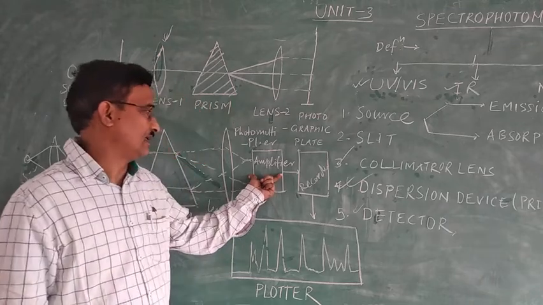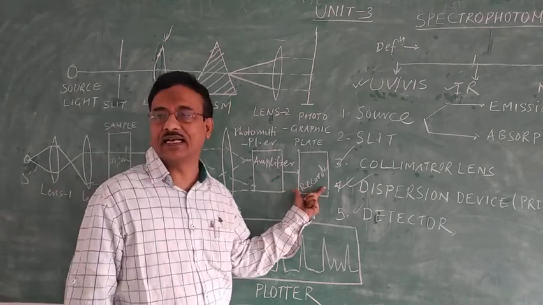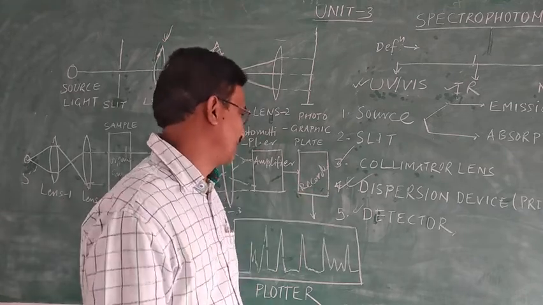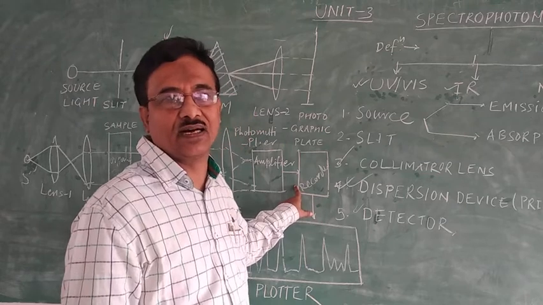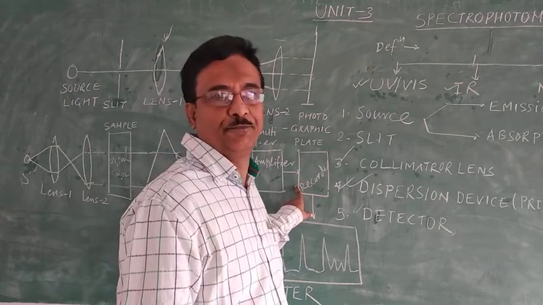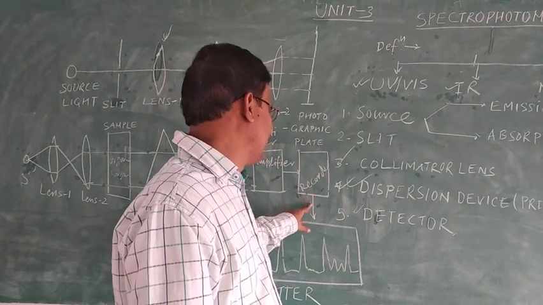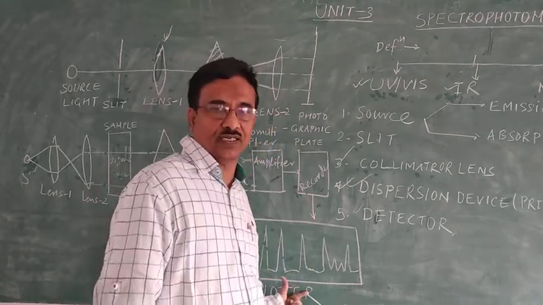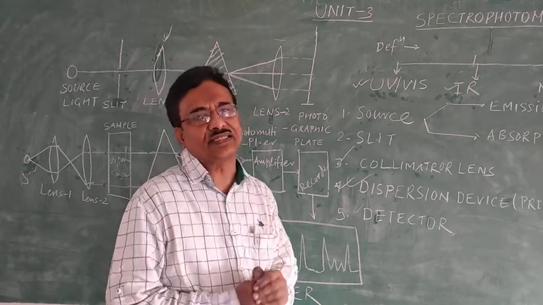The amplifier amplifies the waves and frequency and sends the signal to the recorder. The recorder accepts the wavelength and frequency and sends the signal to the plotter. You can imagine the plotter just like a printer.